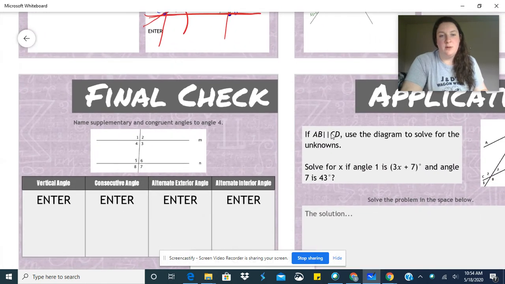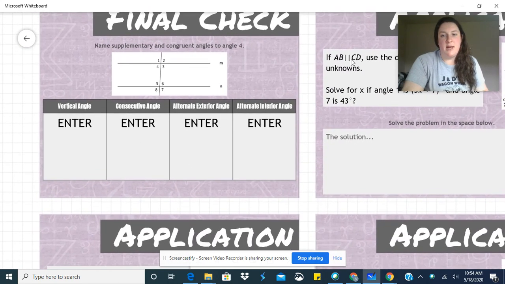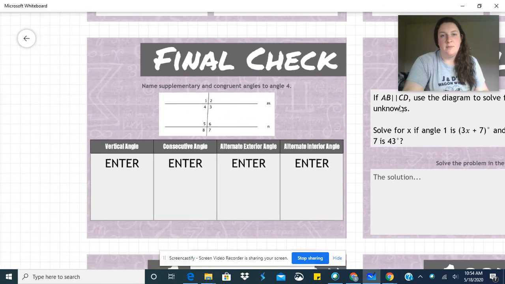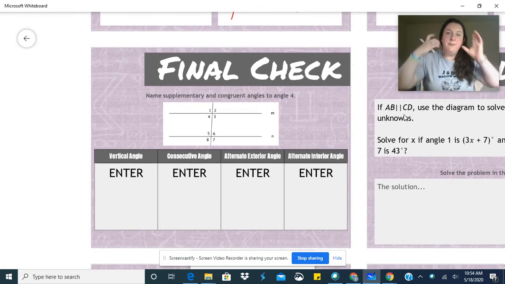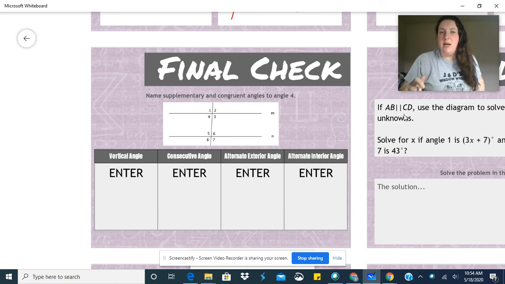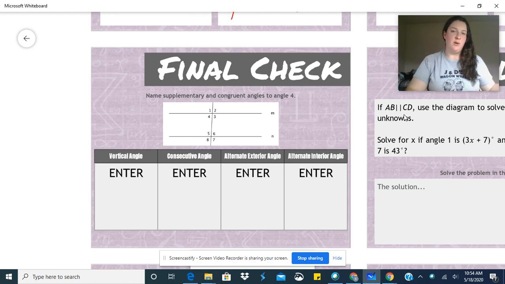So your final check is going to be right here. Name supplementary and congruent angles to angle 4. So what is your vertical angle to angle 4?